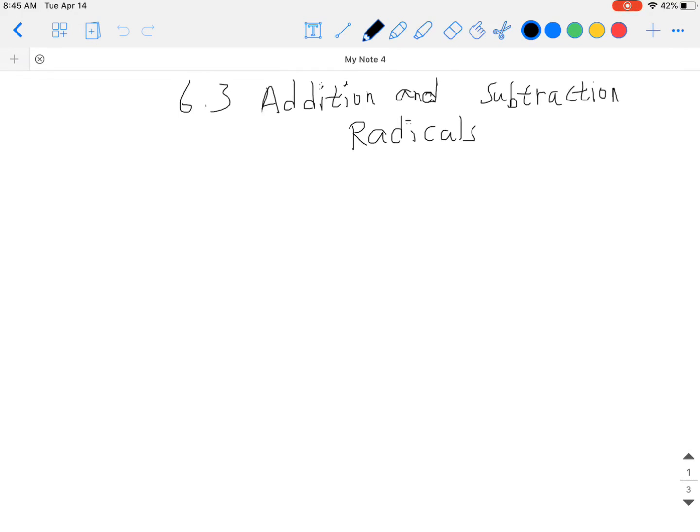Previously, we learned how to simplify a radical, and now we are up to addition and subtraction of radicals. So, example 1: 5 radical 11 minus 3 radical 11. In this case, you have to treat the radical as something, as an x.